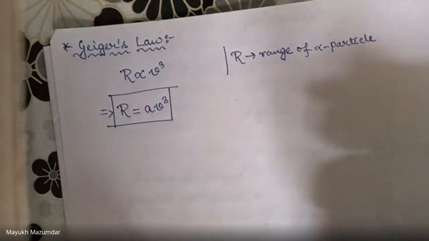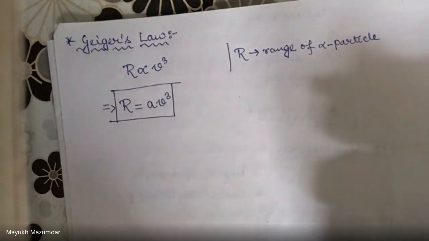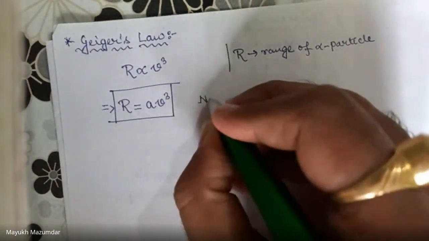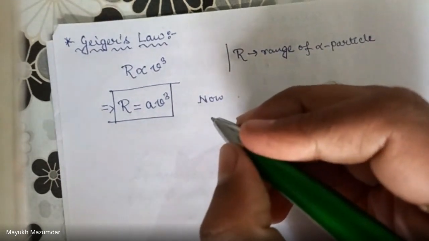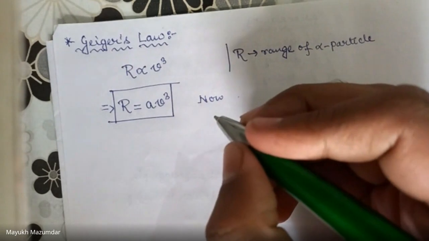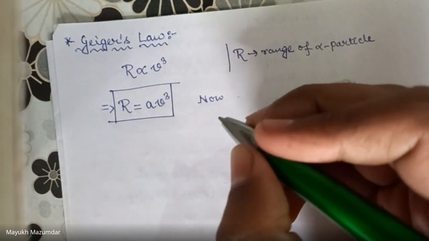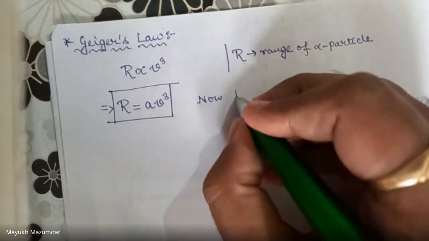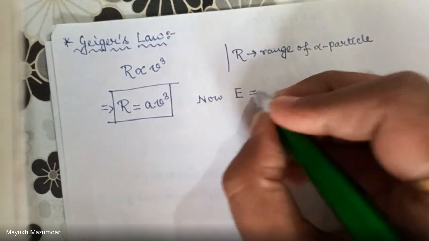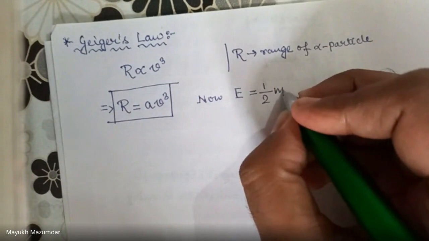Okay, R equals a v cube. Now we also know that v and E are not directly proportional, but the relation is like kinetic energy equals half m v square.